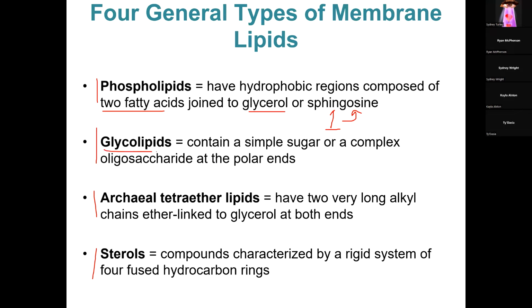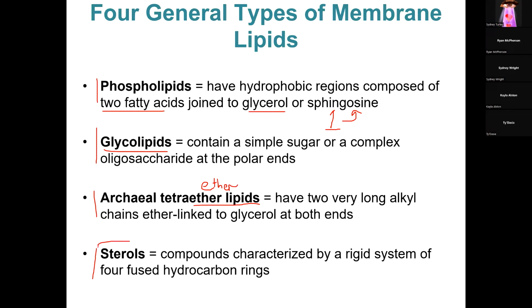You have the glycolipids, where there's a sugar attached instead of a phosphate group. You have the ether lipids, in which one of the connections is with an ether rather than an ester.